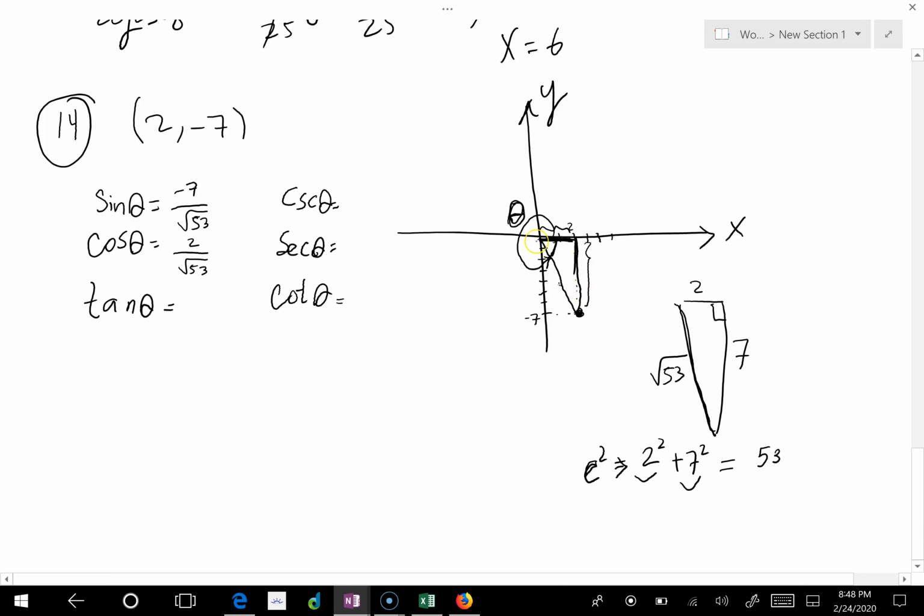Tan is going to be opposite over adjacent, negative 7 over 2. Cosecant is root 53 over negative 7, which you can just say negative root 53 over 7. Secant would be root 53 over 2. And cotan would be negative 2 over 7. Okay, next question.